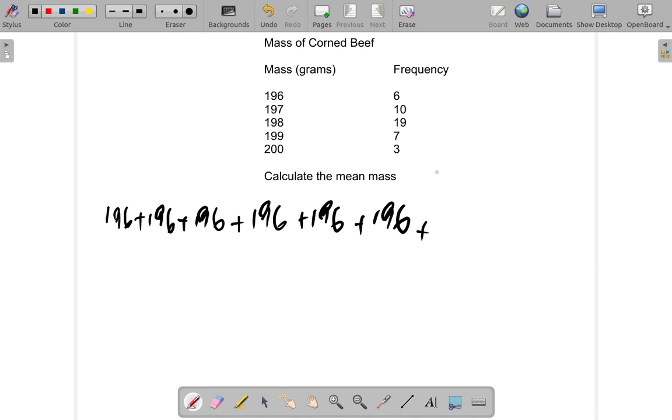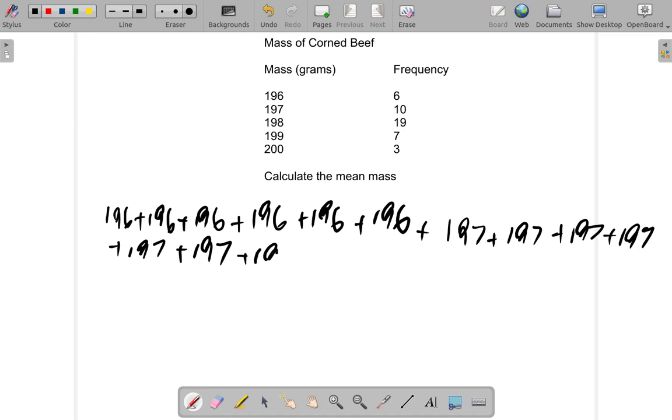So you would have 10 of them, each with a mass of 197, so 197 plus 197 plus 197 and so on, ten times, plus 197 grams, and then you have 19 of them with a mass of 198.